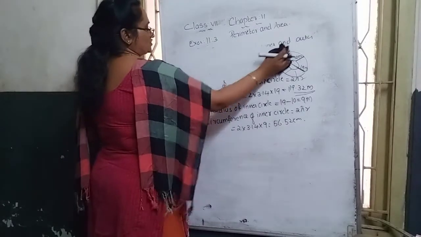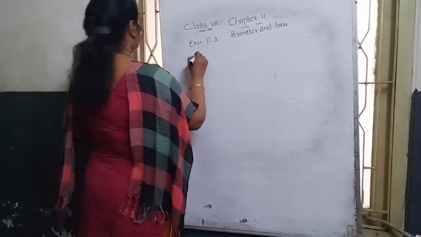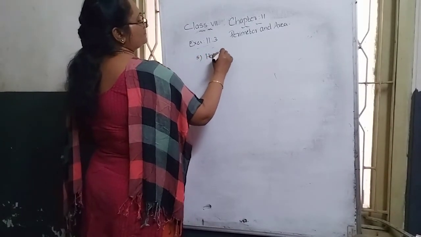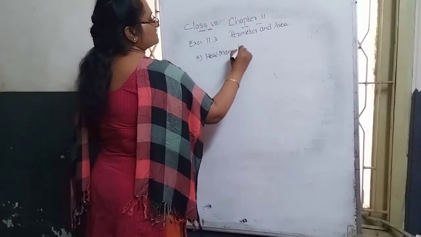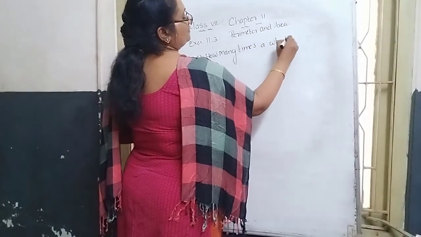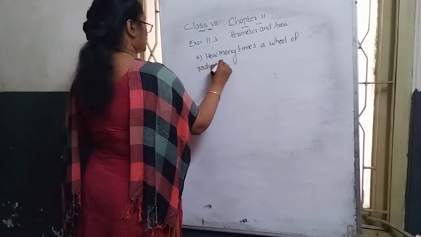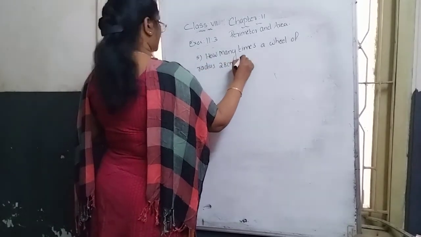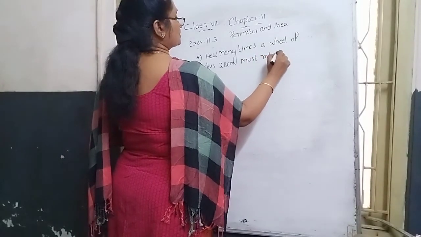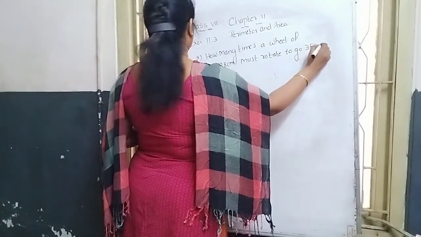Then the next question, the fifth question. They ask: how many times must a wheel of radius 28 centimeter rotate to go 352 meter?